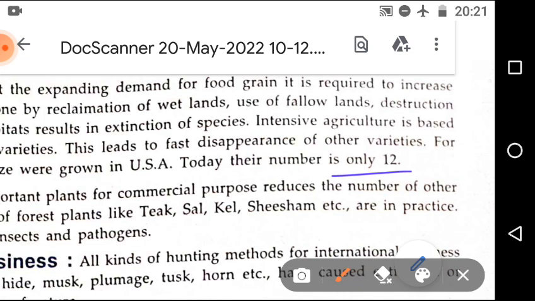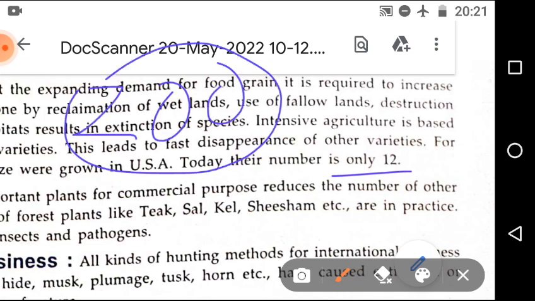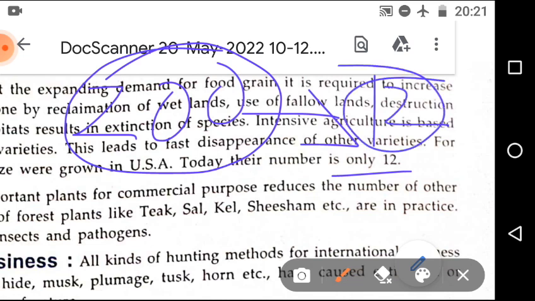In India, there used to be 200 varieties of rice cultivated, but now we have only 12 or 13 varieties of rice. The main reason is we are focusing on those 12 varieties of rice for our own benefit, and we forget about the rest of the varieties of rice.